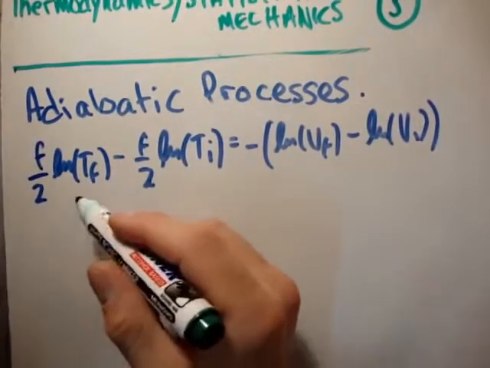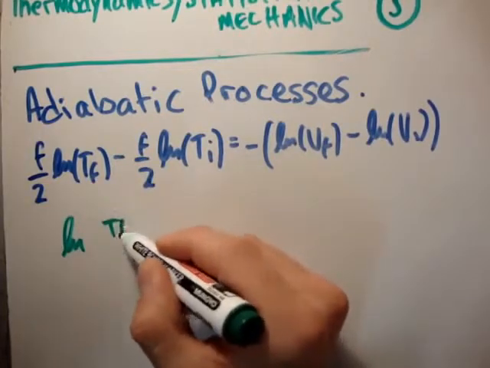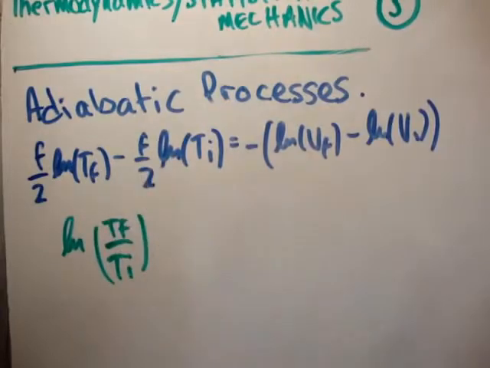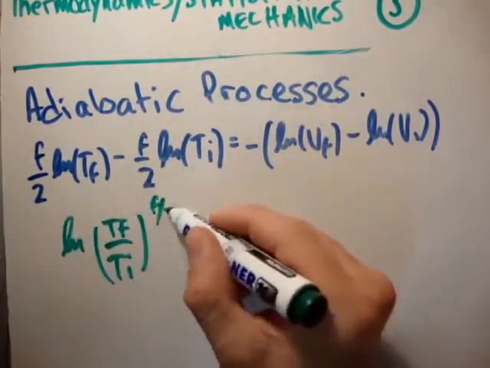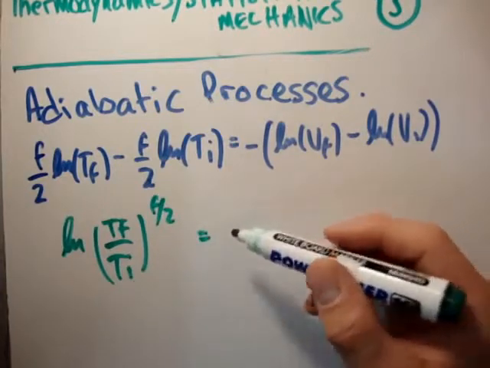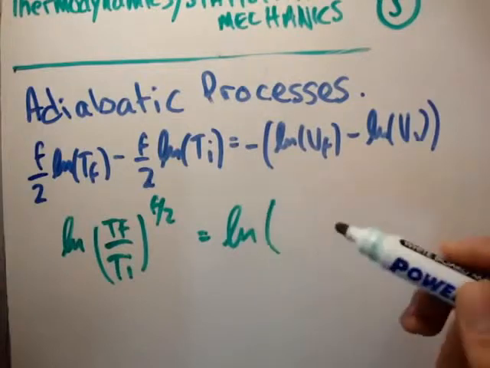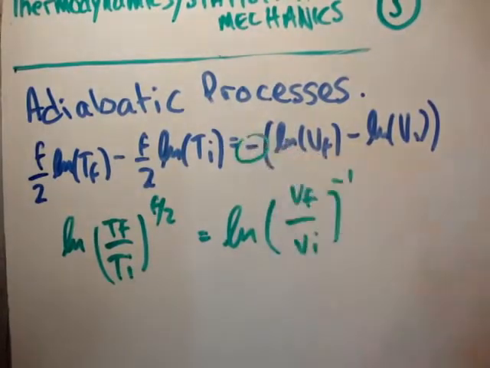We can rearrange this particular function as follows. The natural logarithm of tf over ti, because two natural logarithms subtracted, you can have them as a quotient. I can bring f over 2 up as a power. That's just your rules of logarithms. And here, this is something similar. We have vf over vi, and we bring up the minus from outside.